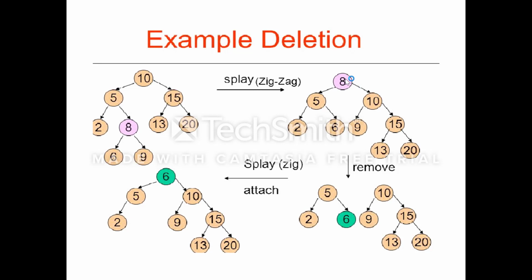Now delete that node. Once the node is deleted, you will get two subtrees, the left subtree and the right subtree. Now find the largest element from the left subtree, splay it, and then connect the tree. So that is the deletion operation in the splay trees.